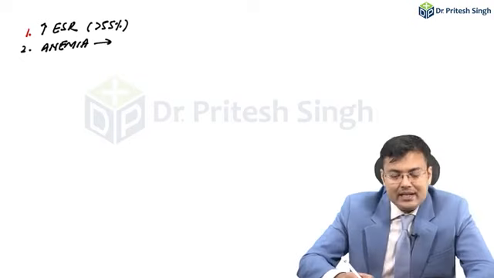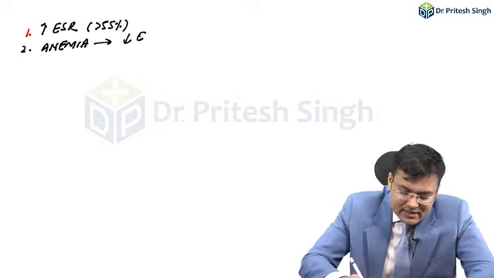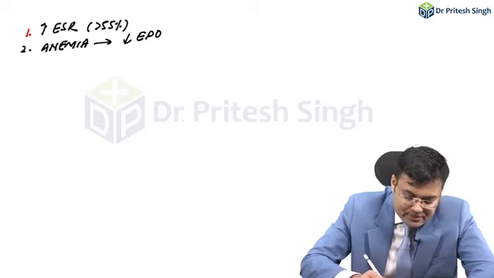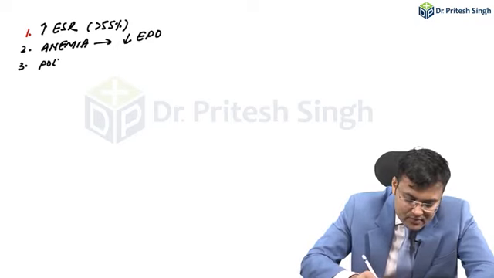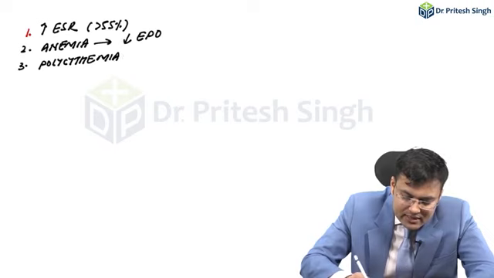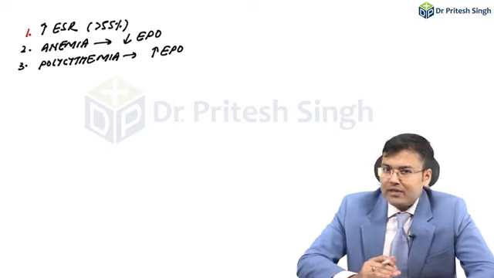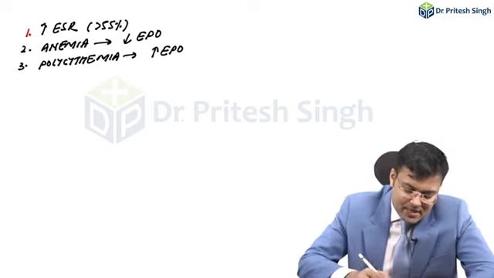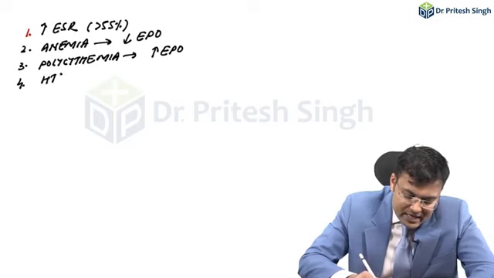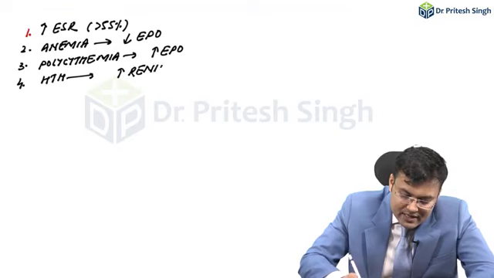Mass replaces the kidney, and because of that, there is decreased production of erythropoietin. Third, polycythemia. What's the cause of polycythemia? There is sometimes a functional tumor producing erythropoietin, and if there is increased production of erythropoietin, there is polycythemia. Fourth, there is hypertension because of increased production of renin.